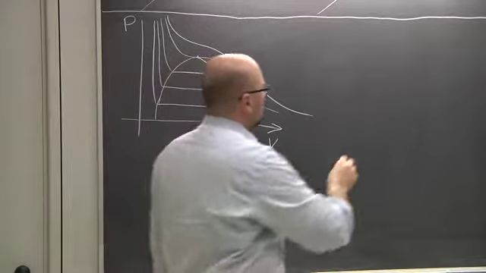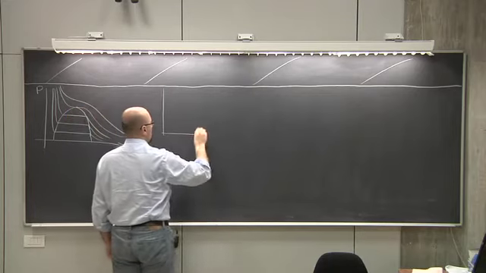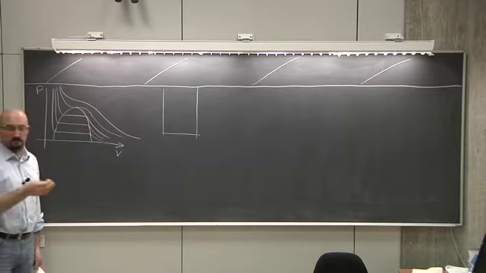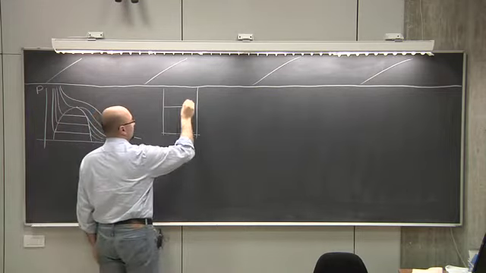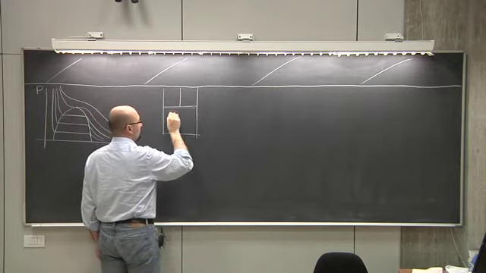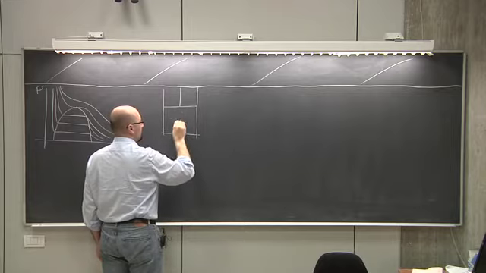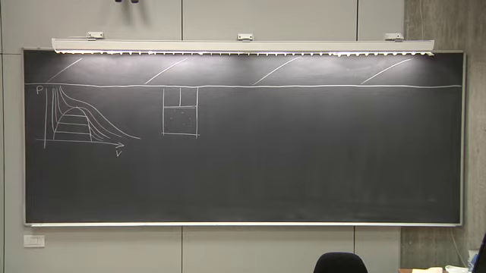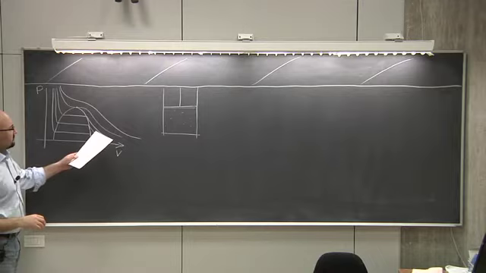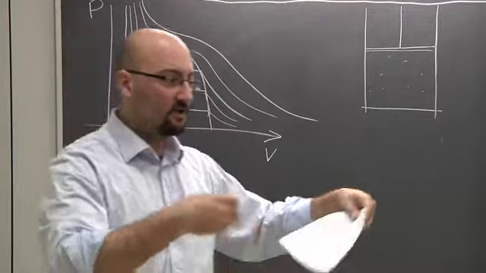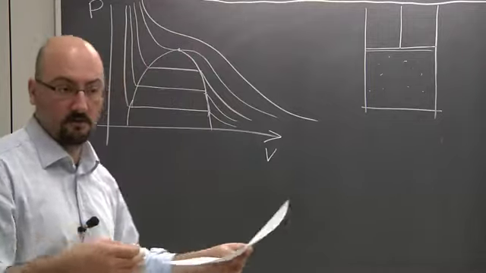Okay, so the idea is the following. We have our favorite piston, and inside there is some gas. We assume the temperature of the gas is constant, so it can exchange heat with the environment such that the temperature is constant.